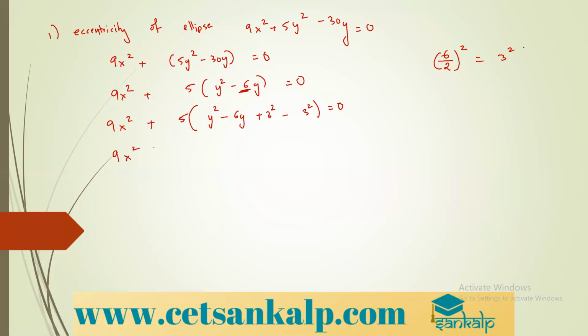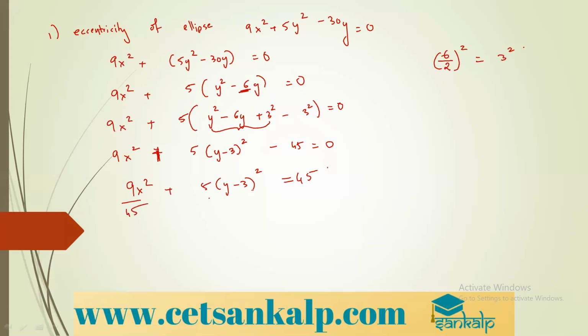Why am I doing this? I'm modifying the equation of the ellipse first. 9x square plus 5 into, when you take all these as a pair, it is y minus 3 whole square, minus 5 into 9 is 45. So 9x square plus 5 into y minus 3 whole square equal to 45.